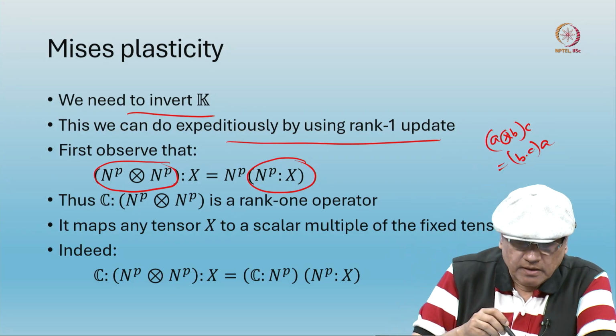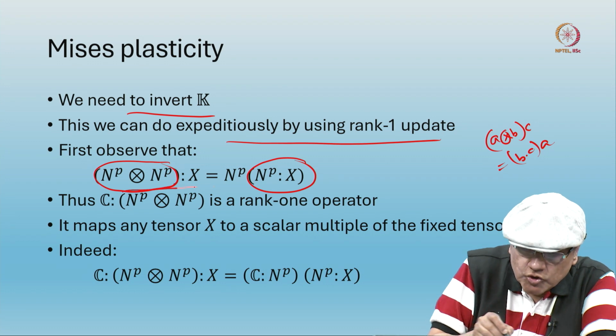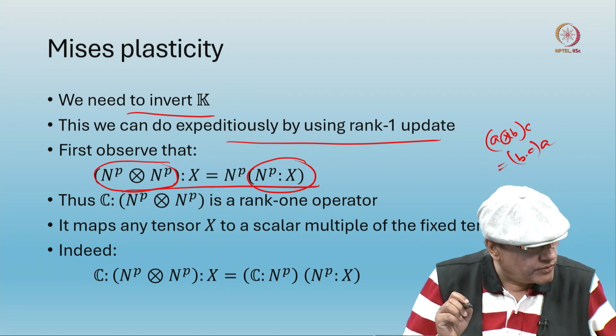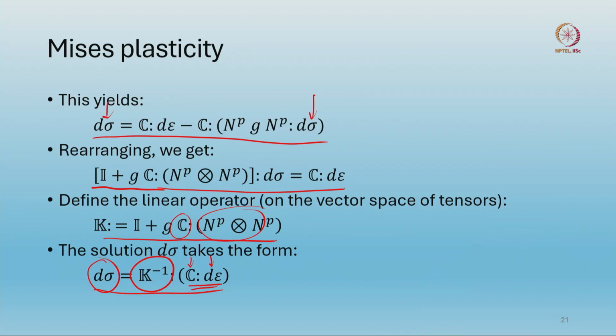So now see that because this is true and your essentially K has this structure np tensor product np with a contraction with c, right.